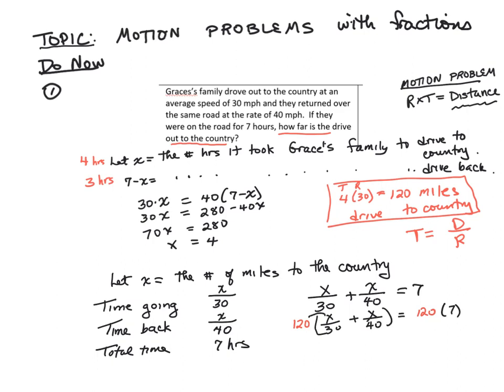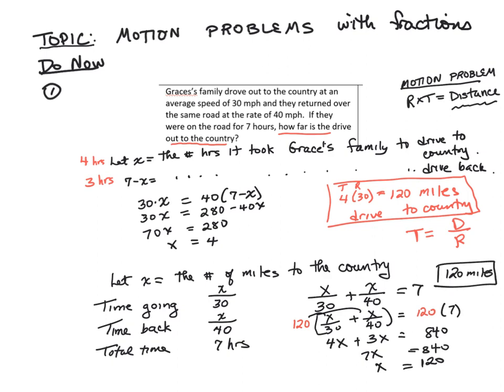So when we distribute on this side, we get 4x plus 3x equals 840. 7x equals 840, and x is indeed 120. And that would give us the number of miles out into the country directly. So with fractions, sometimes you could get the answer directly. Let's take a look at another problem.